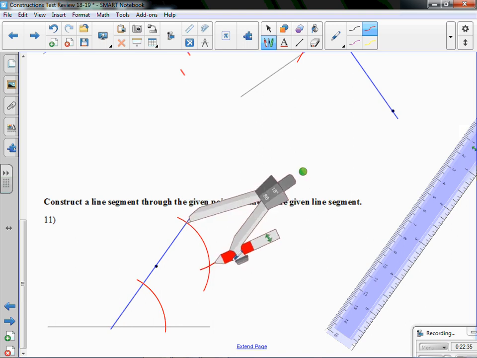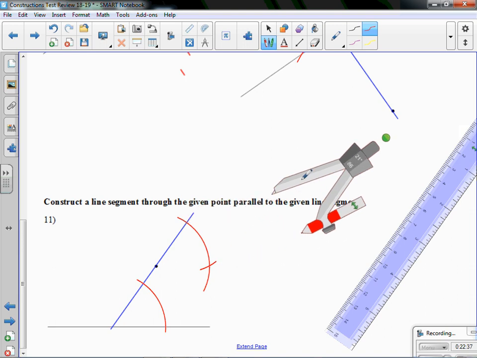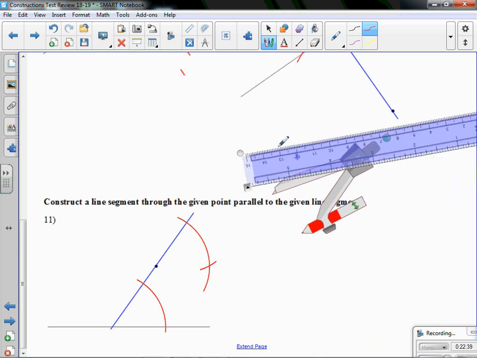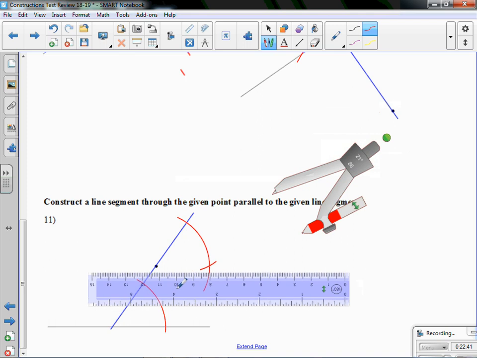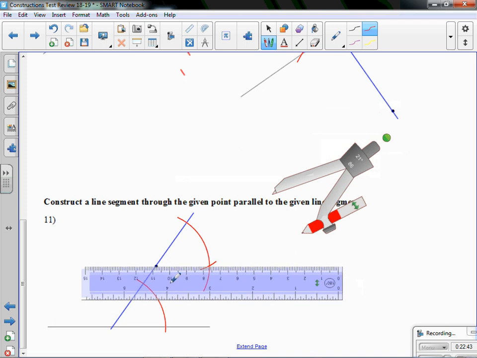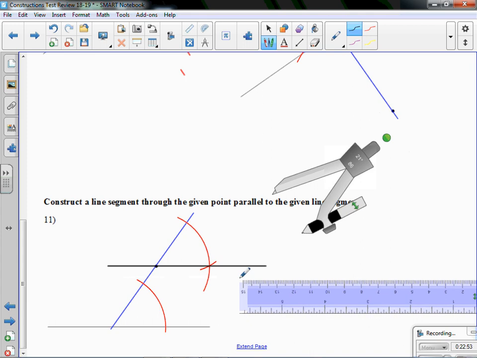Mark off the length for that angle for the copy. And then we bring in our straight edge, line it up with the intersection and the point, and make a line. This line should be parallel to that line because their corresponding angles are congruent now.